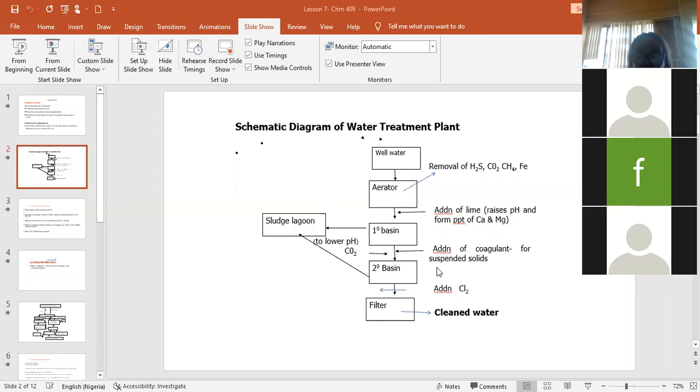By the time we add chlorine, all the microorganisms, all the bacteria in the water, it kills them. And usually we don't add chlorine gas. What we add is sodium hypochlorite or potassium hypochlorite. So the chlorine from that hypochlorite is what is used, all right? Then we go to the next stage, filtration. The filtration is done by sand or stones.